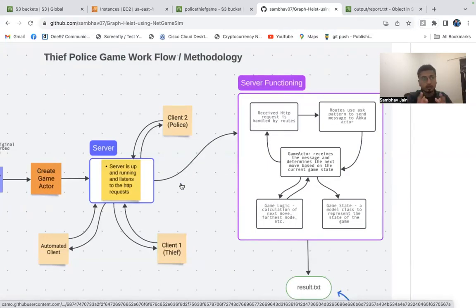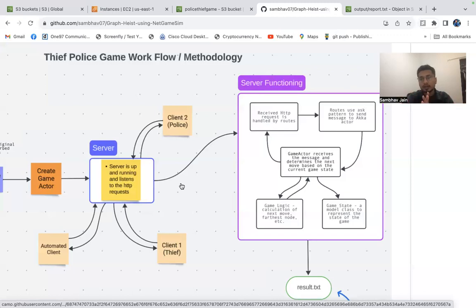This is one of the major advantages of this framework: it helps us achieve asynchronous communication. With this kind of client-server architecture, it really makes sense to have such a thing in place. If there are multiple simultaneous requests coming in, the server doesn't have to wait for one request to be completed, because we are submitting the message to the actor itself with the help of this ask pattern.